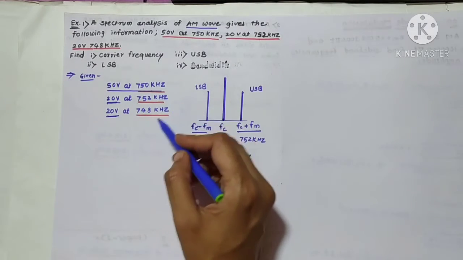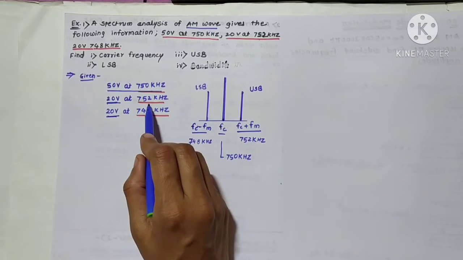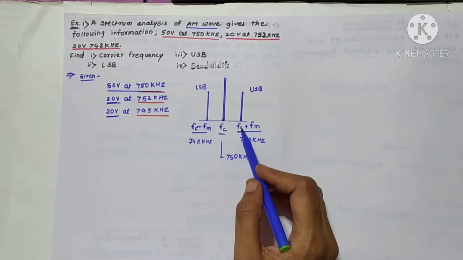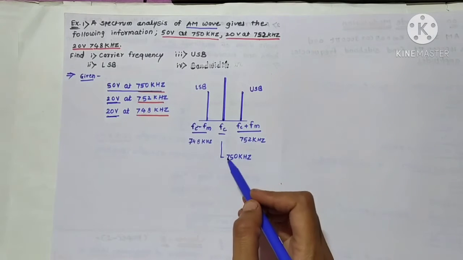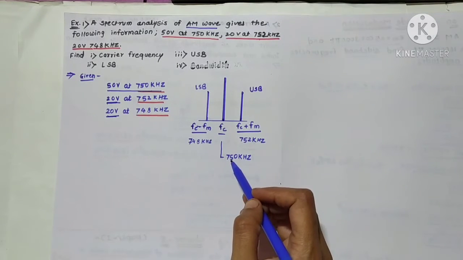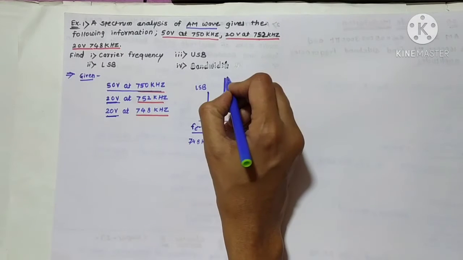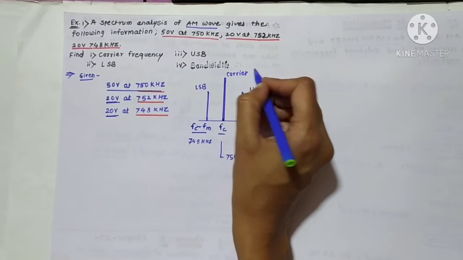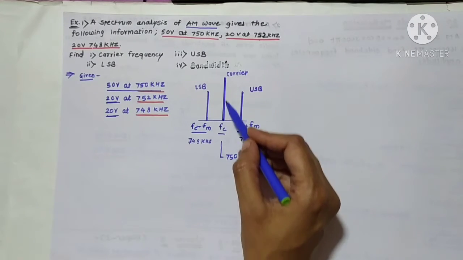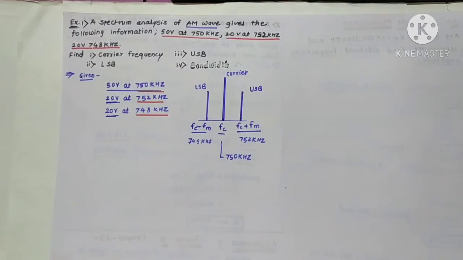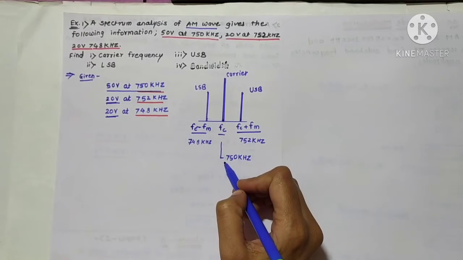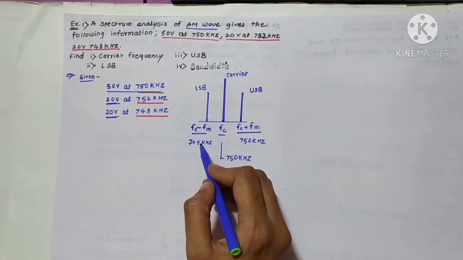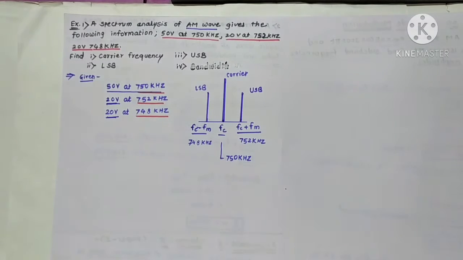So out of these three frequencies, 752 kilohertz is the frequency of USB, and the remaining 750 kilohertz is the frequency of the carrier. From this amplitude modulated spectrum we can say this is the frequency of the carrier, this is the frequency of the upper side band, and this is the frequency of the lower side band.